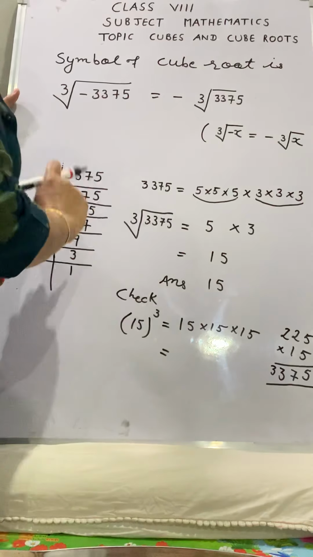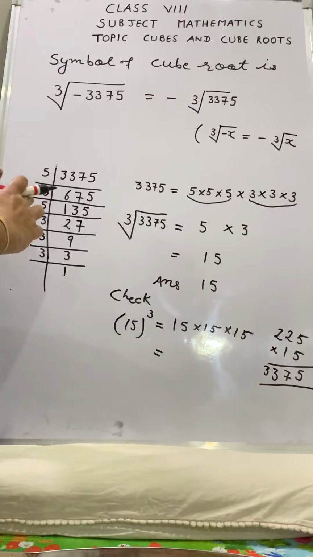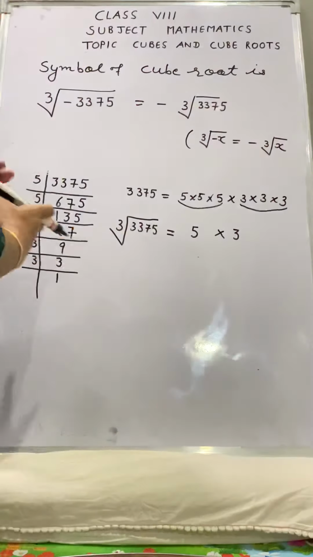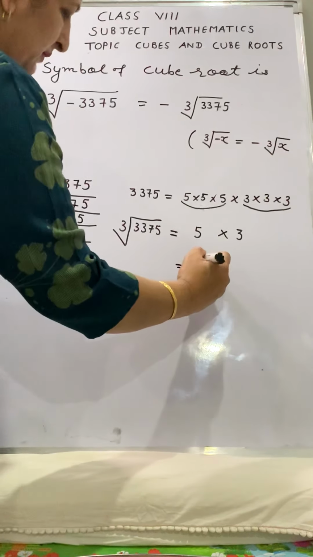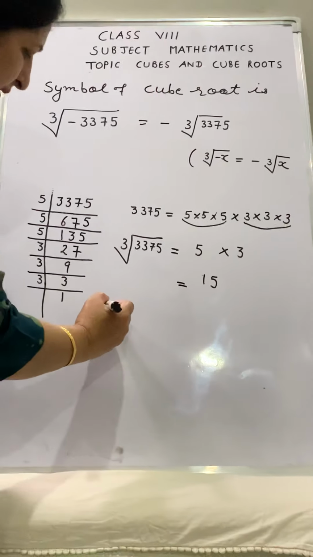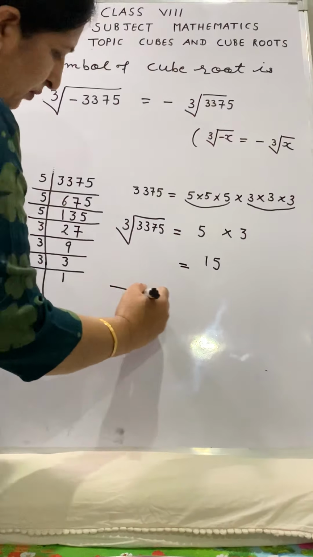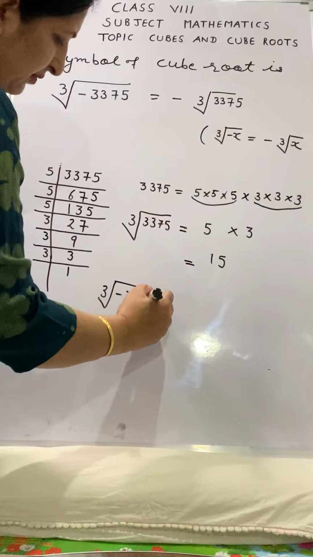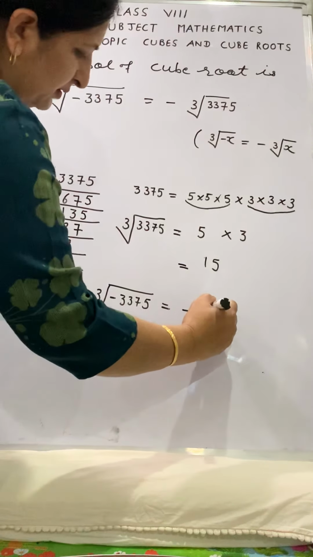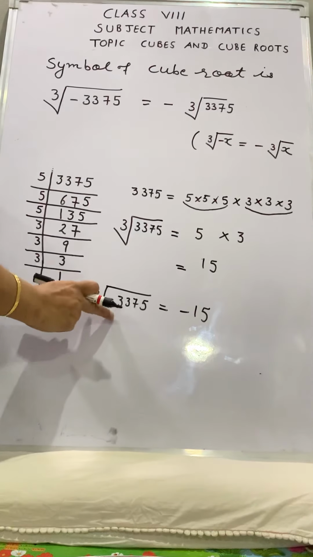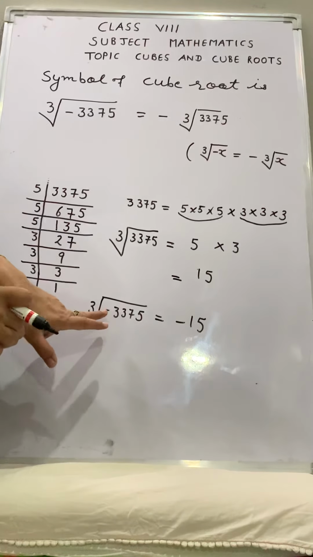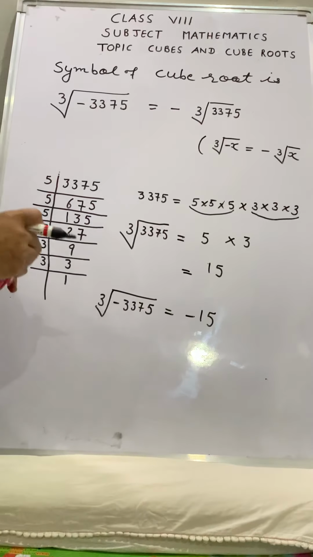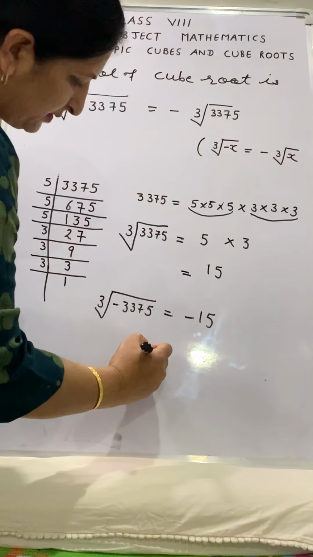In the last step you will write the cube root of minus 3375 equal to minus 15. There is only one step more: in the last step you write the negative sign. The answer is minus 15.